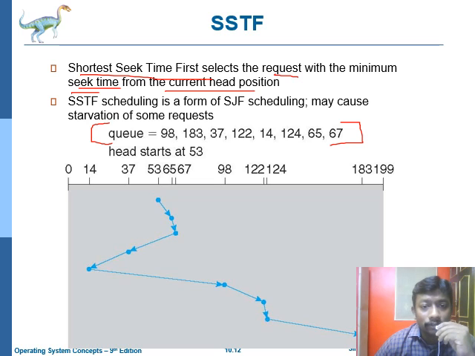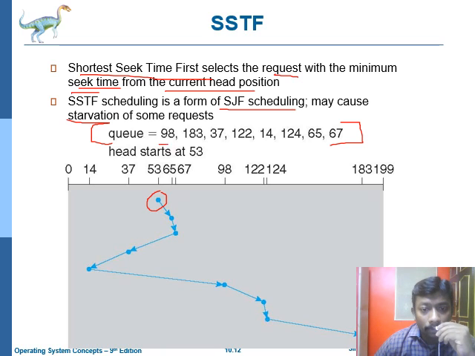SSTF scheduling is a form of SJF, shortest job first scheduling algorithm, and may cause starvation. I will explain how it causes starvation. So initially, how does shortest seek time first work? Initially the head points to the 53rd sector. This is the queue.